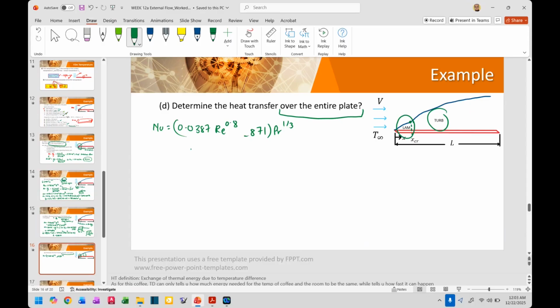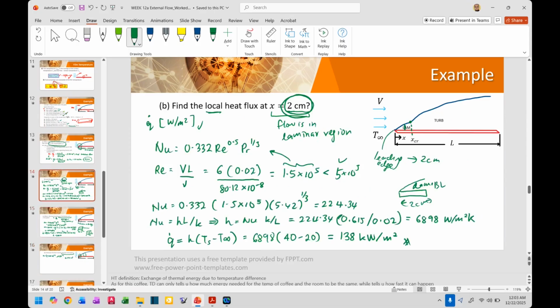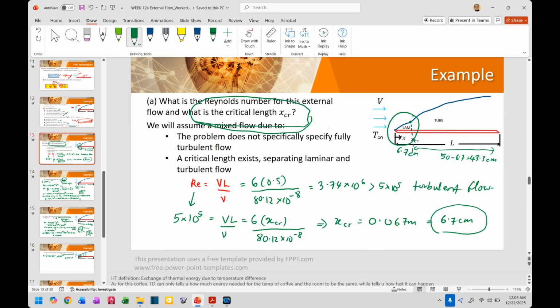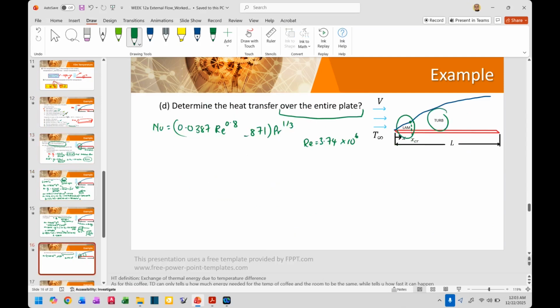Anyway, the Reynolds number for the entire plate was already determined earlier. It was 3.74 times 10^6. Remember, in question A we already found it. This is the Reynolds number over the entire plate, so we just copy that into this solution.